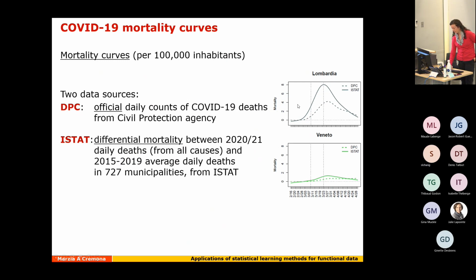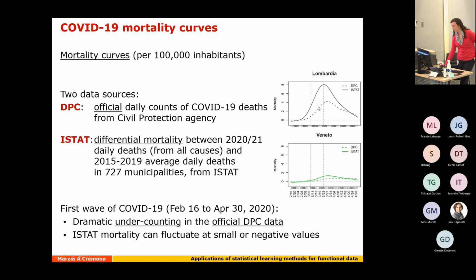We can see that at least here in Lombardia, the difference is huge. So there was a dramatic undercounting of deaths due to COVID. This is true at least in the first wave. The problem was that many people were just dying at home without a test, so they were not counted as COVID deaths, but it's pretty obvious that they are.